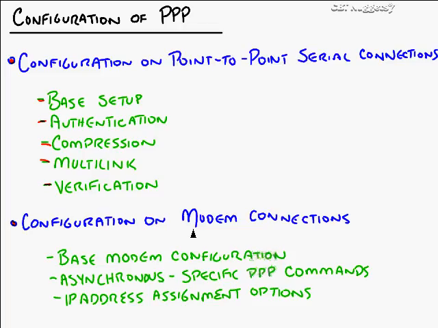I'll show you how to set up your Cisco router to receive incoming modem connections, and we'll go through the base modem configuration, some of the specific PPP commands that we'll look at for modems, and then we'll also look at how we give those users IP addresses once they've dialed in, either directly from our Cisco router or maybe from an internal DHCP server that's dedicated to managing the pool of IP addresses.